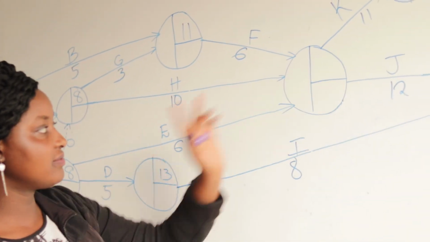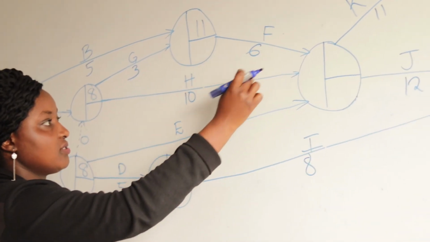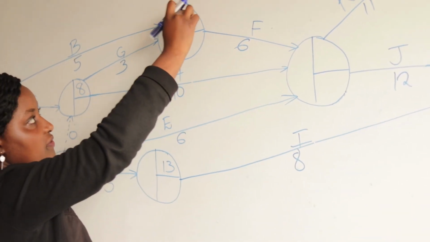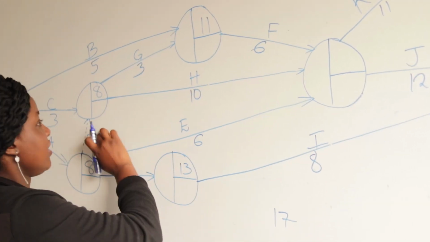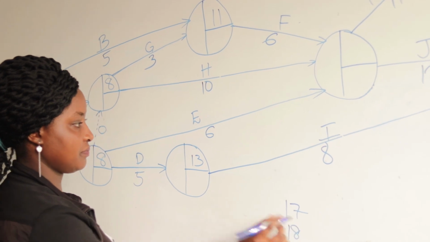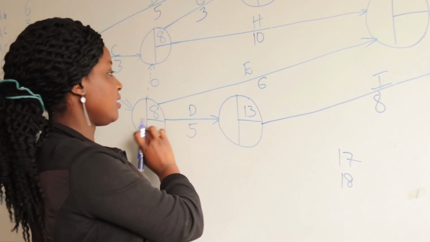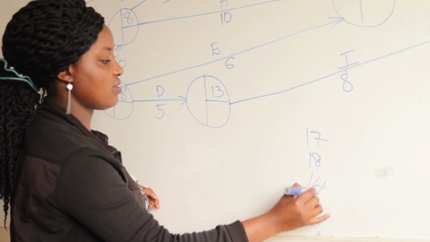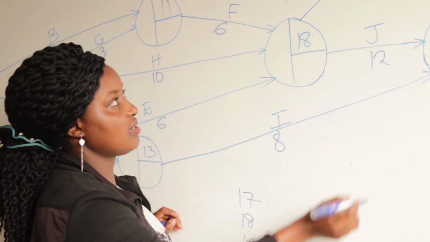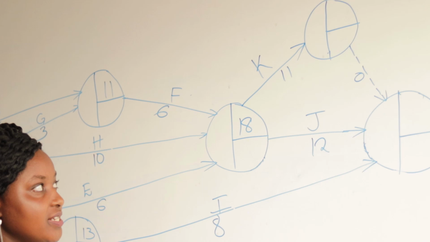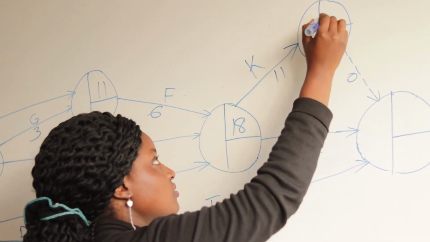Then for this one, we have 3 arrows. So we'll start with the first one. 11 plus 6 gives us 17. 8 plus 10 is 18. And this one, 8 plus 6 is 14. So our highest is 18. So we pick 18. This one is just one arrow. 18 plus 11 gives us 29.